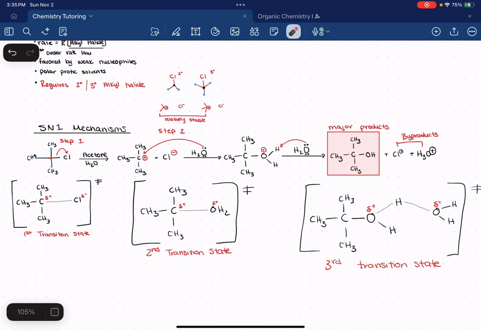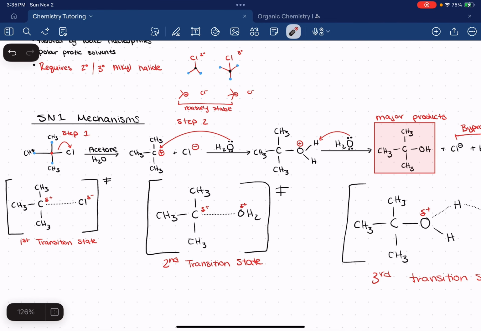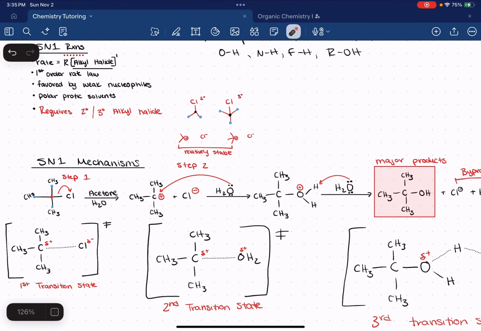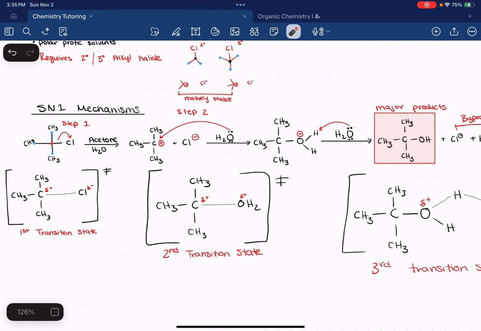And we see that worked out here, right? So the first step is just chlorine leaving the molecule. It's just a leaving group leaving. So that means everything in here, like the chlorine, is going to be the limiting reagent.